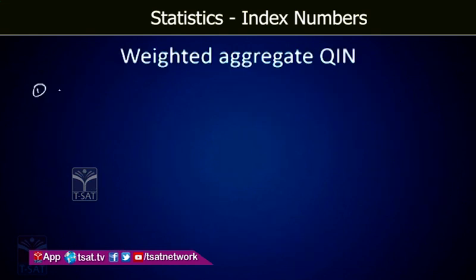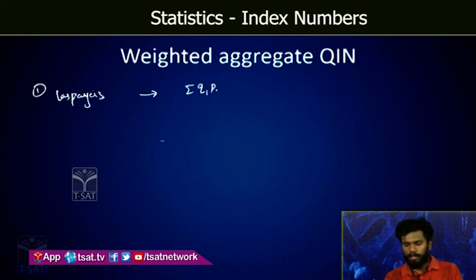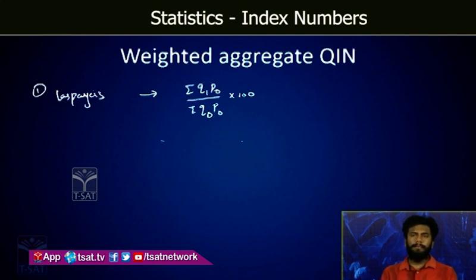Now we'll see the weighted aggregate for quantity index numbers. First one the same, Laspeyres, and it is given by summation Q1 into P0 divided by summation Q0 into P0 into 100. Here we are adding weights as prices of the base year.